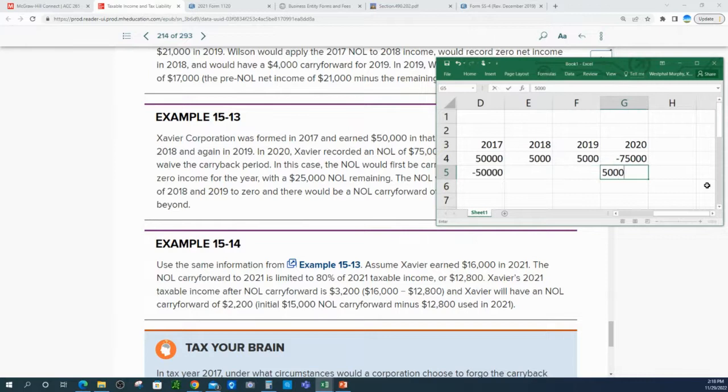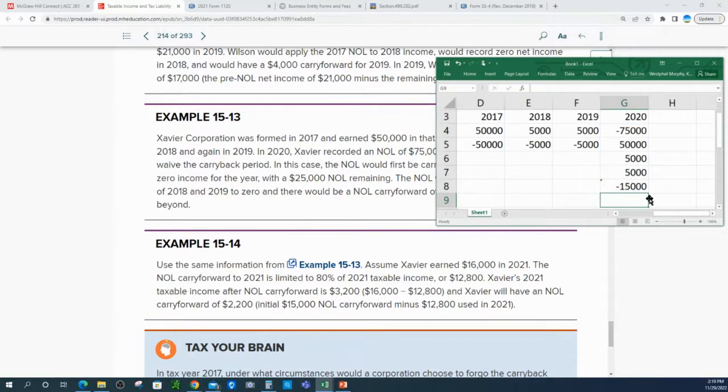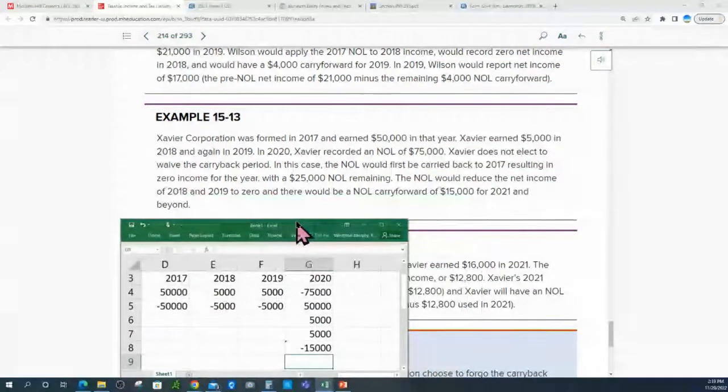So we took up 50,000 of that. Over 5,000 of that. Another 5,000. So we are left with $15,000 NOL that we can carry forward, right? So there's our carry forward of 15,000.